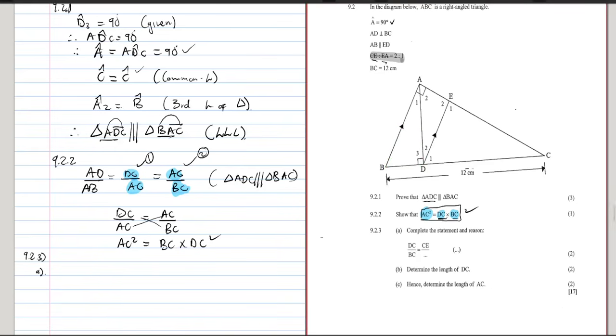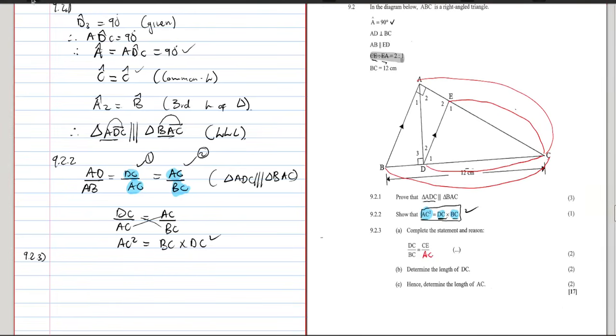All right. So the question says, look at DC. There's DC. DC is divided by BC. There's BC. Equals CE. There's CE. It's going to be divided by AC. So we should be dividing by AC right here, because it's the proportionality theorem.